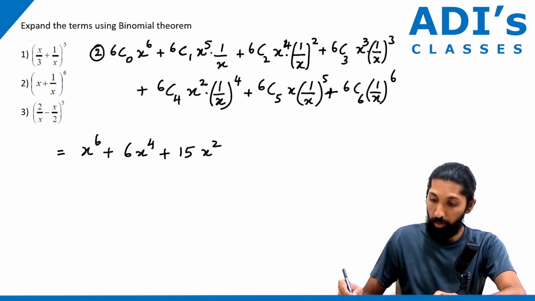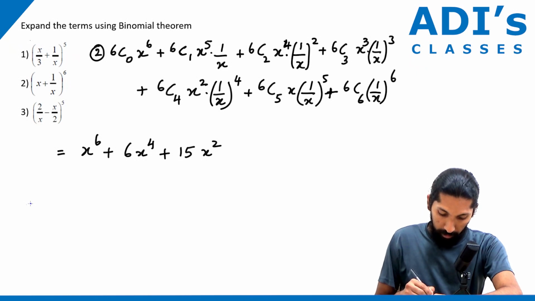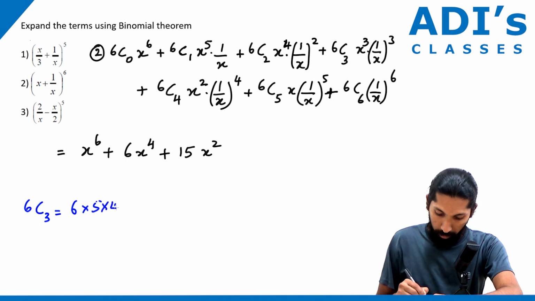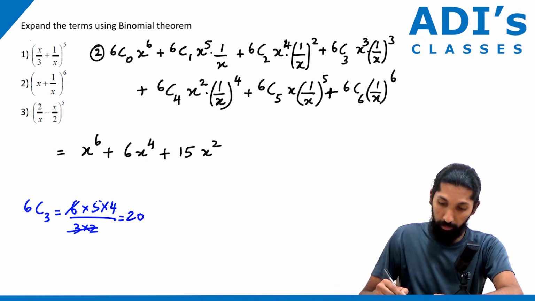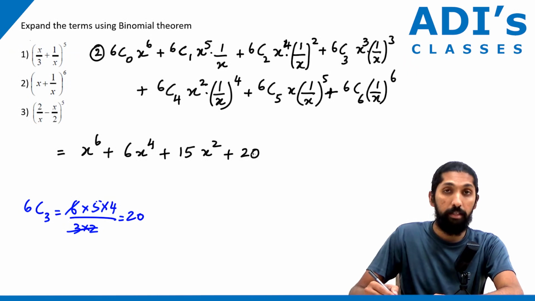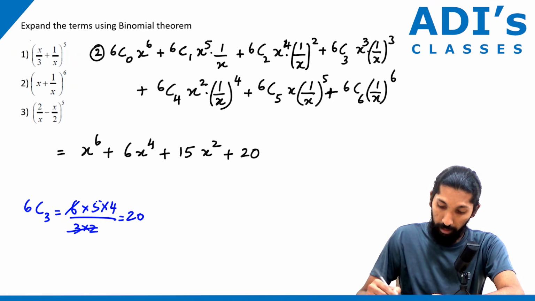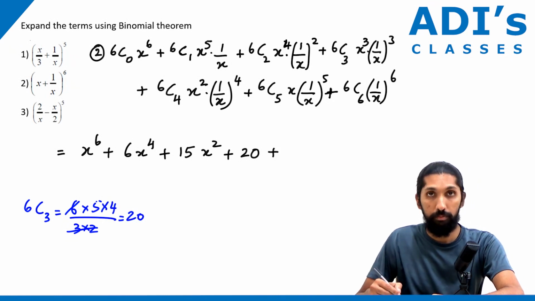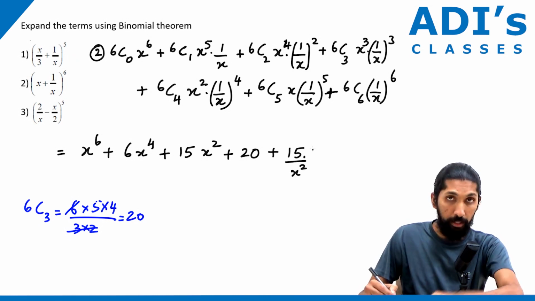You can make a small calculation here: 6C3 is 6 into 5 into 4 divided by 3 into 2, which gives us 20. So this is plus 20, as x cube cancels. 6C4 is the same as 6C2, which gives us 15. So 15 divided by x^2, or 15 into 1/x^2.